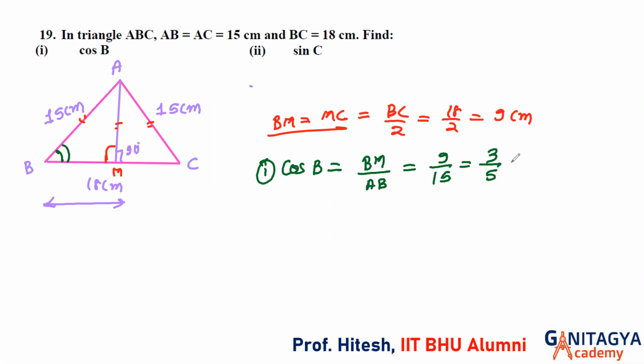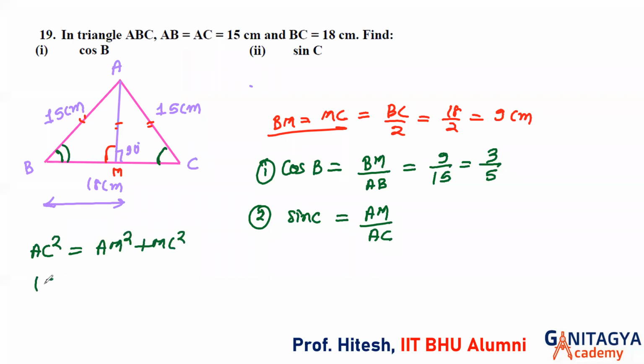Second, it is asked sin C. Sin C will be perpendicular upon hypotenuse, that is AM upon AC. For AM, what will we do? We have to use the Pythagoras theorem. So you can say AC square is equal to AM square plus MC square.